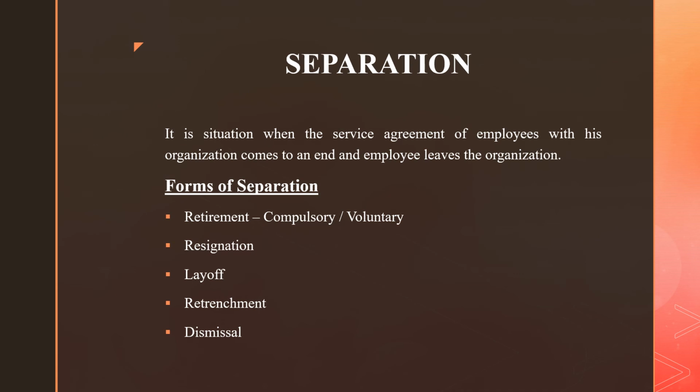Now, what is voluntary retirement? When an organization gives an option to the employee to retire even before the superannuation, it is known as voluntary retirement. The scheme of voluntary retirement is also known as VRS, Voluntary Retirement Scheme.